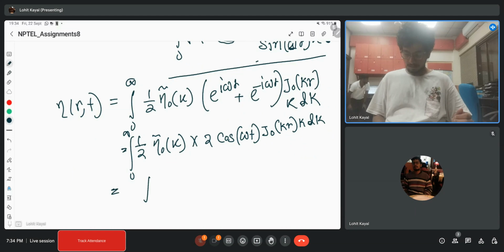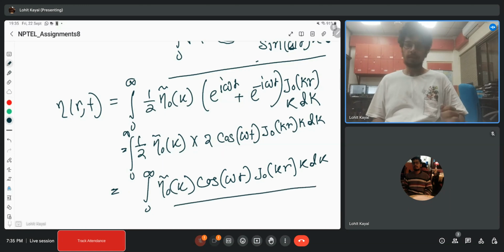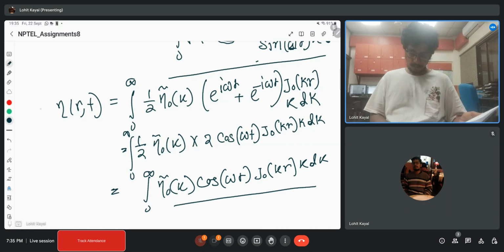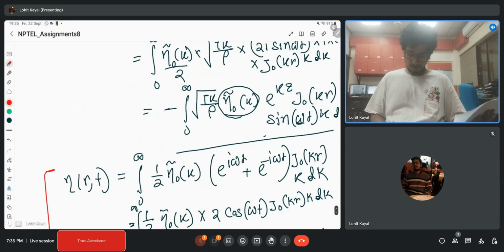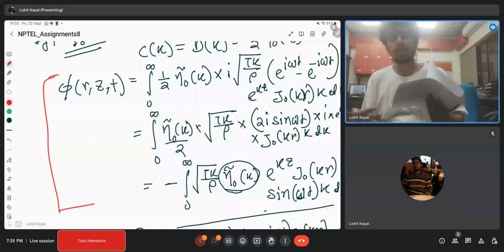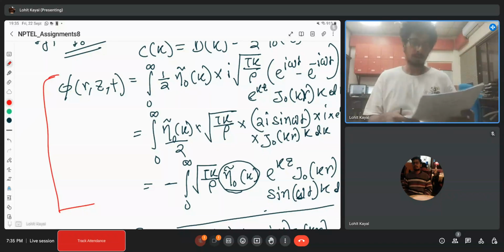So it will be the integral from 0 to infinity of eta 0 tilde k cos omega t j0 kr k dk. Okay. So this will be your final solution for eta(r, t) and this is your solution for phi(r, z, t). So if you get some arbitrary perturbation initially, then you can find the solution for this case.